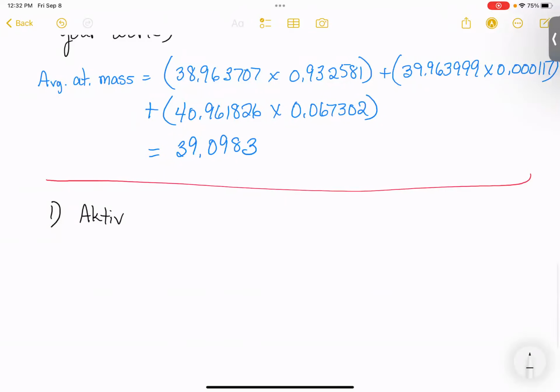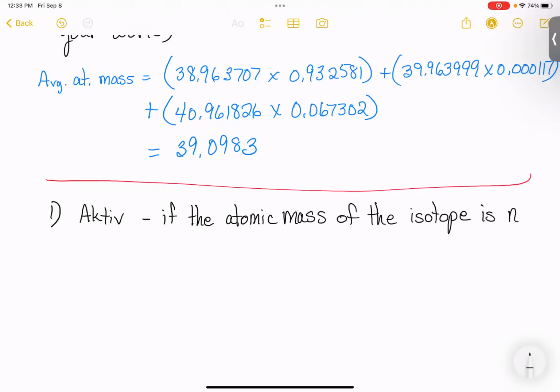But for the active, if the atomic mass of the isotope is not given, then use the mass number of that isotope.